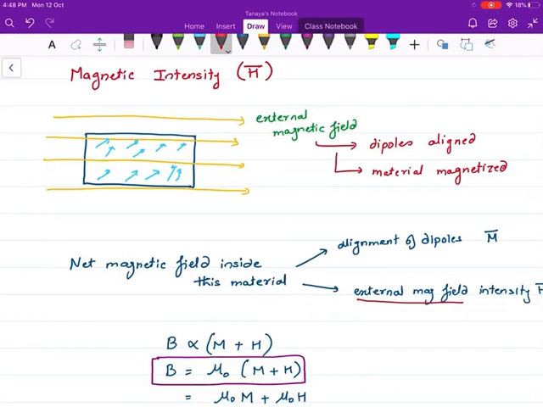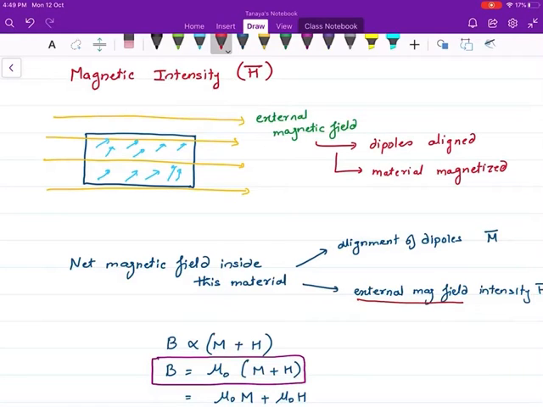So I can call this external field the magnetizing field, and I'm going to denote it by H. This field is dependent on the magnetic intensity. That intensity we are denoting by H bar. So the magnetizing field intensity, we call it H bar.